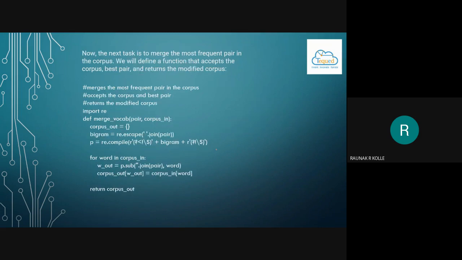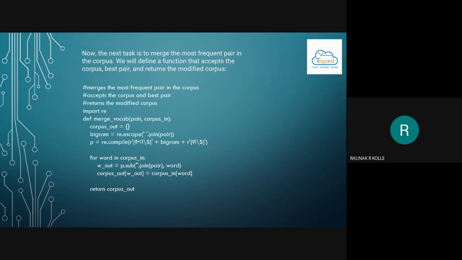Now the next task is to merge the most frequently occurring pair in the corpus. We will define a function that accepts the corpus and best pair and returns the modified corpus. We import the regular expression library.